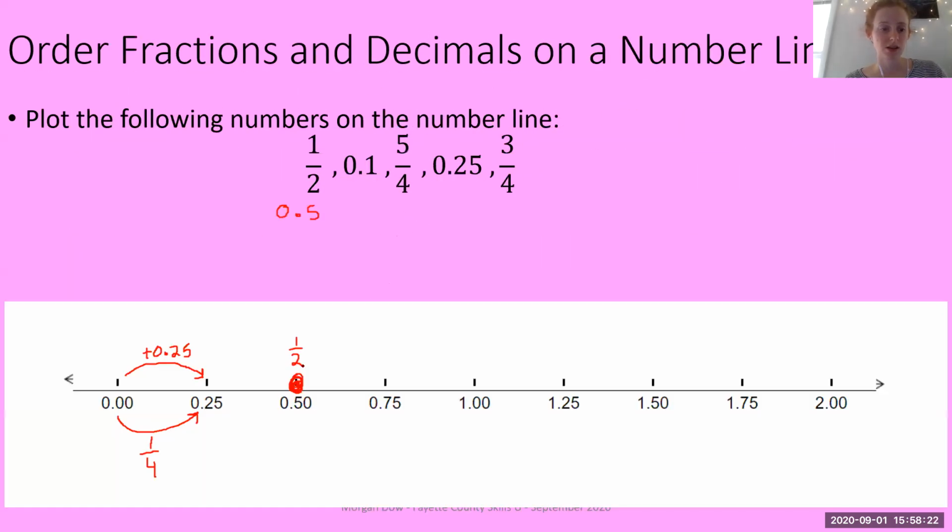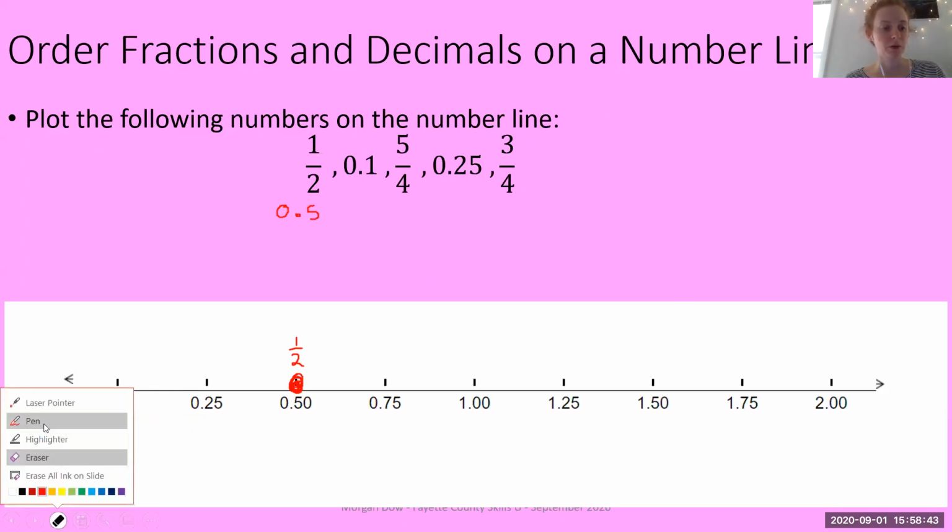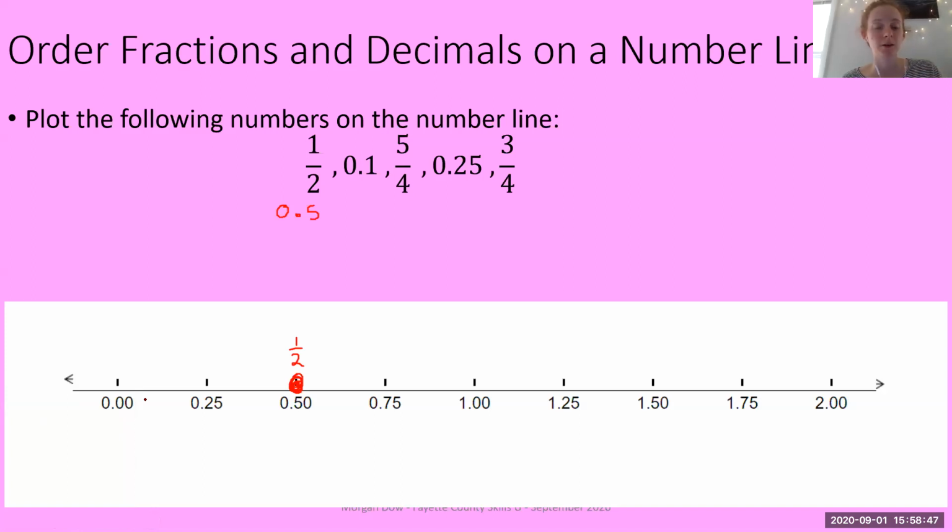So if it's less than 0.25, it belongs somewhere in between 0 and 0.25. Because of the way this is set up, we might not know exactly where 0.1 belongs, but we can estimate.